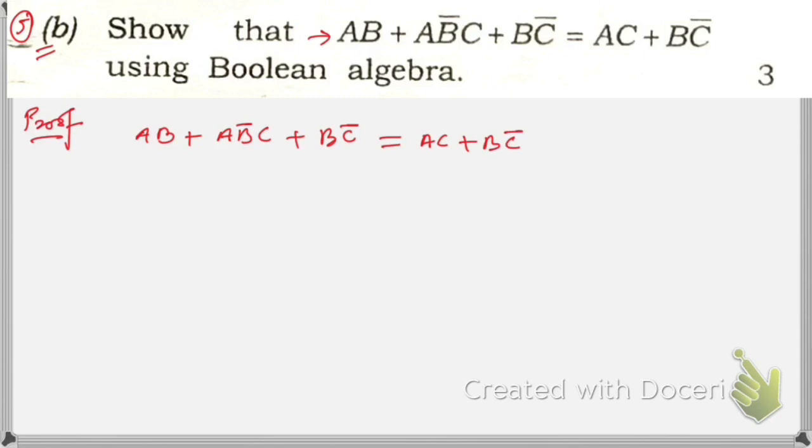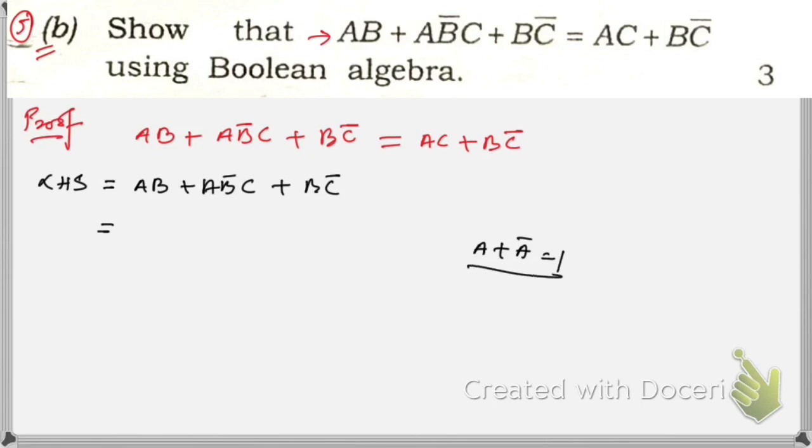Let us take the left hand side first: A plus AB plus AB complement C plus BC complement, right? Now here you see, this AB can be written as, we know that A plus A complement is equal to 1, so we can write AB into 1, and this 1 can be replaced by C plus C complement according to this property.